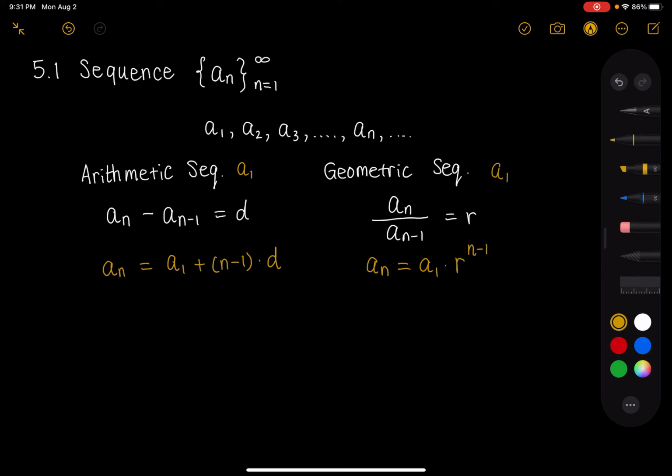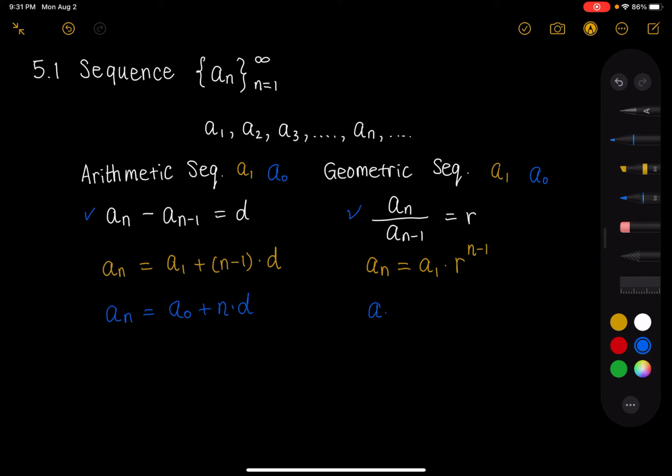That's why sometimes you will see a sequence begin with a_0. You can choose a starting point, or the question can choose any starting point. The rule will be the same, but you adjust the general formula for a_n. In this case, a_n equals a_0 plus n times d, and that's why some people prefer to start with a_0, because a_n will correspond to n times d.